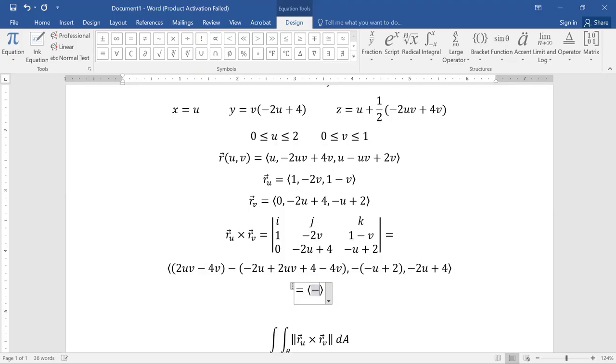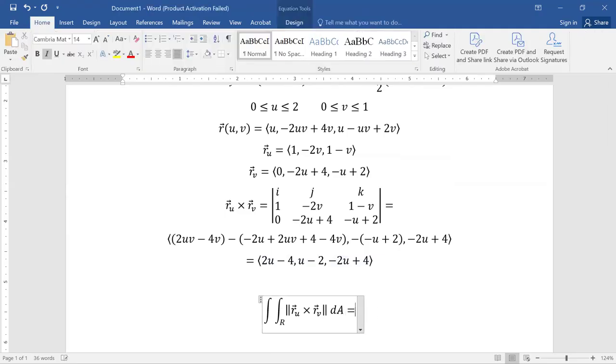And I will get positive 2u minus 4 in the first component. In the second component, I get u minus 2. And in the third component, I get negative 2u plus 4. So that is the cross product.